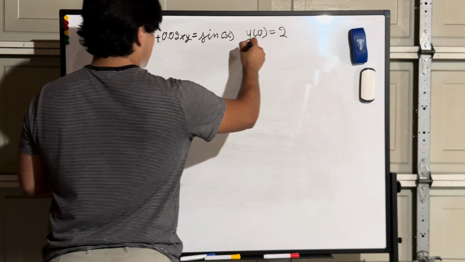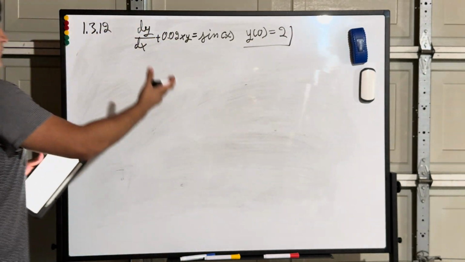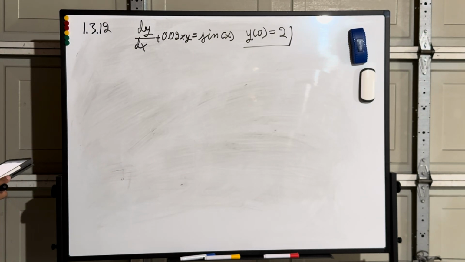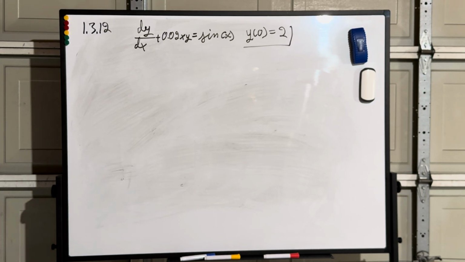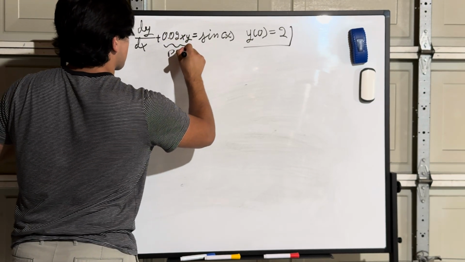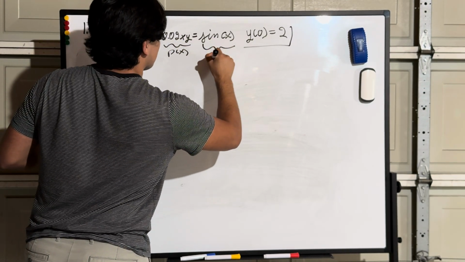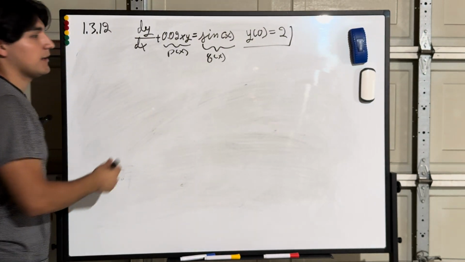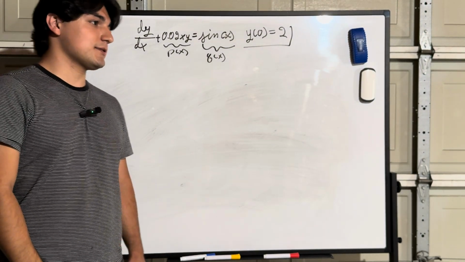And here's just what y at 0 is. Okay. Identify your p of x. Identify your q of x. And we do what we've been doing for the other problems.